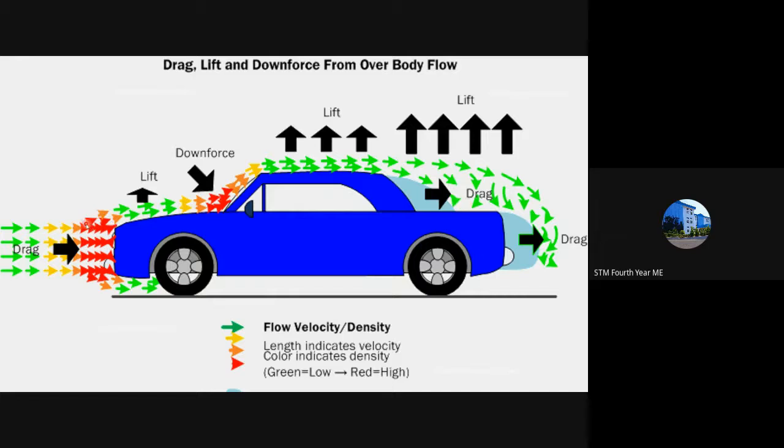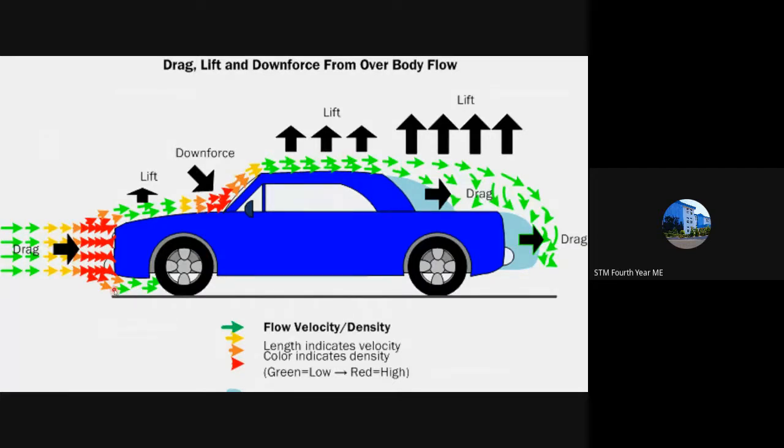You can see here, the air has to travel from this portion to this portion, which is the longer distance. So it has to go like this, and then like this to the rear of the vehicle, while underneath, it is having a shorter distance. You can see here, the cross-sectional area is much lesser here when compared to here. So obviously, the velocity here will be much greater than this portion.